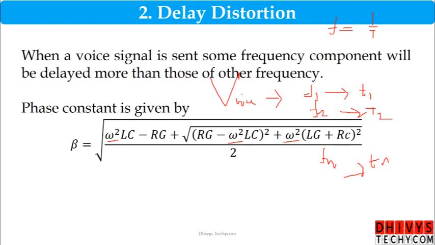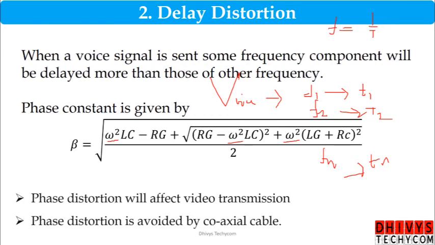Where this delay distortion will be a big headache for us is in video transmission. I can give you a real-time example: when you are watching a live cricket match at home, the real videos recorded in the auditorium reach you with some delay.